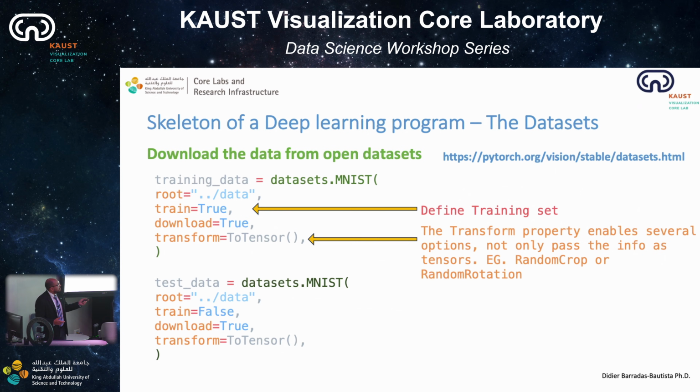So here you can define: bring from the datasets, because we imported datasets before, from MNIST, download it in this folder, train equals true, meaning you're going to label this part as train. It's going to download from a PyTorch repository, and then it can do transformations.